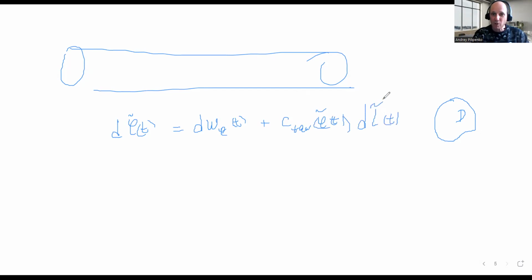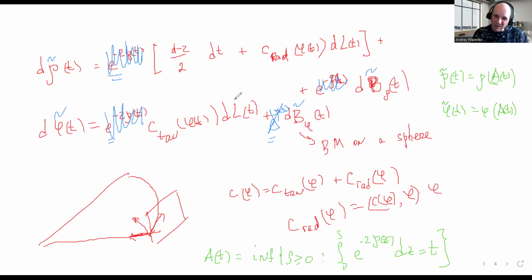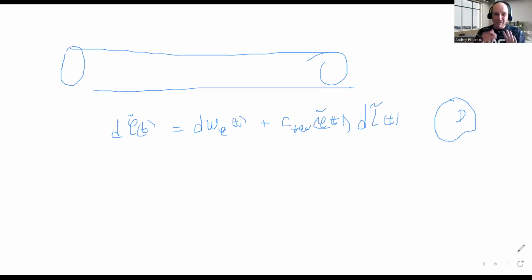Actually, there will be another increasing process, so I should write here L with some tilde. And this L tilde can be obtained from L using also a transformation of time. But we had an increasing process, and we got a non-decreasing process.